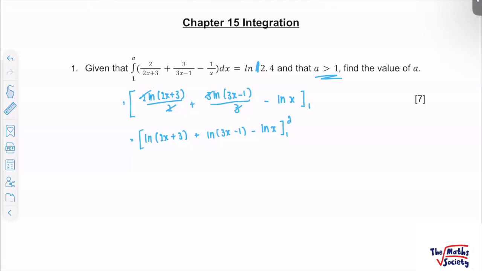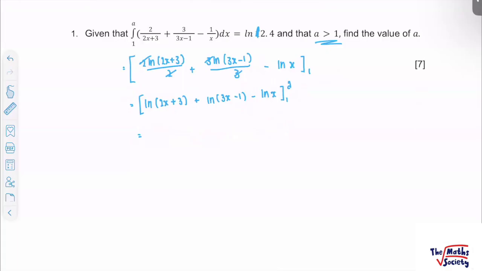Here's one bracket. And then, because it says show that a, we're going to substitute it as a. So it's going to be ln(2a + 3) plus ln(3a - 1) minus ln a, minus ln 5, minus ln 2.